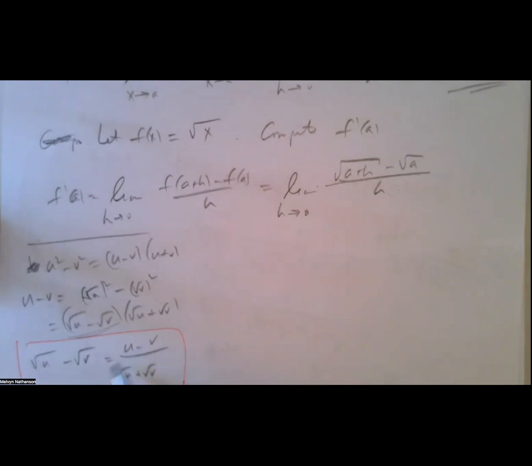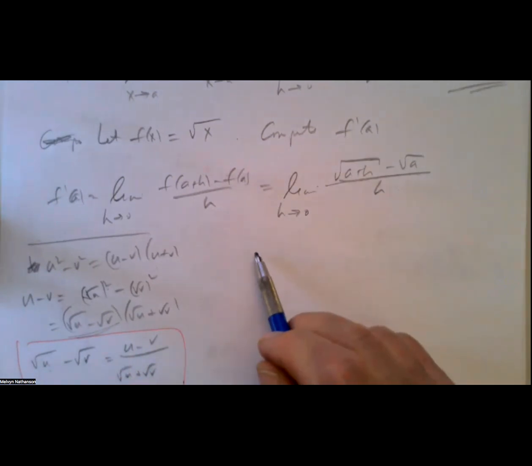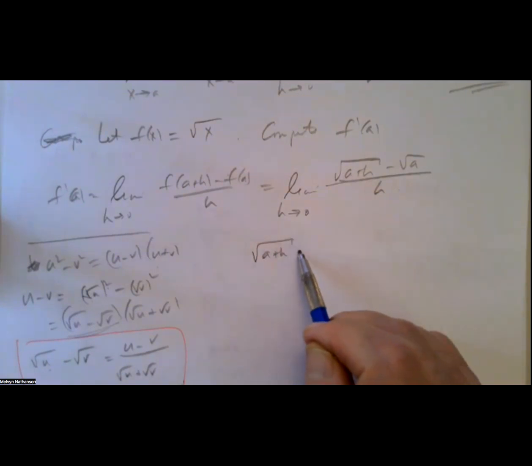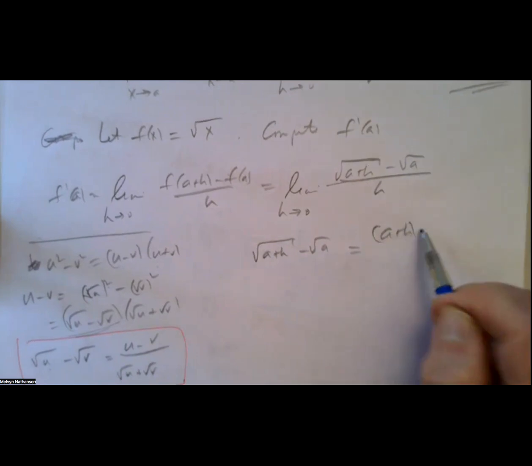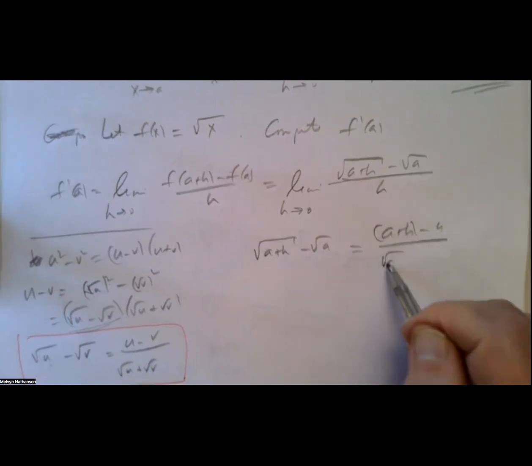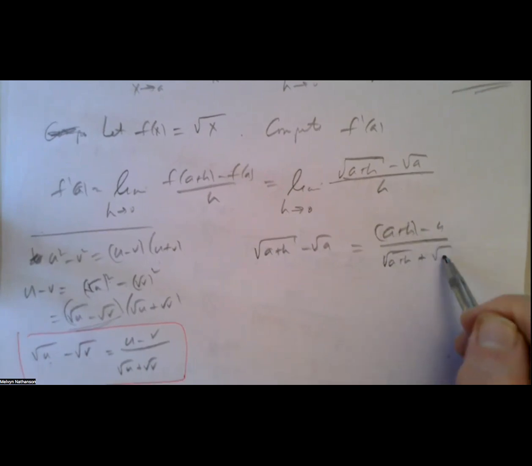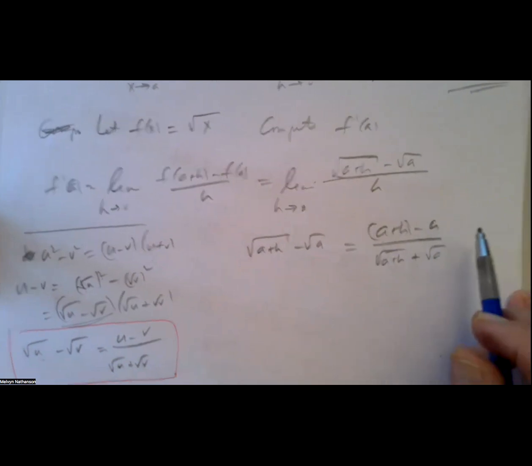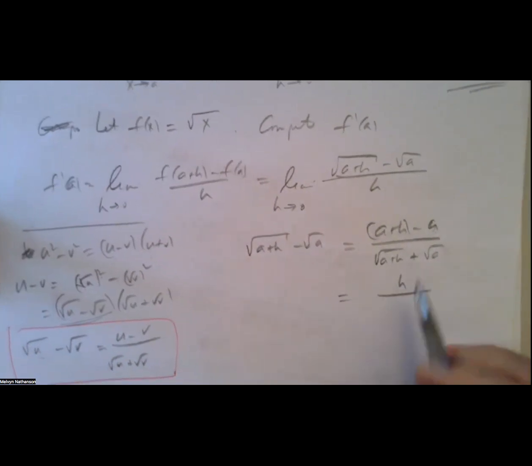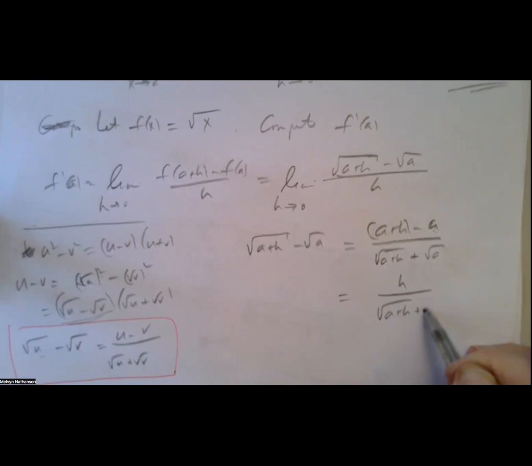So if I let u equal a plus h and v equal a, the square root of a plus h minus the square root of a is a plus h minus a over the square root of a plus h plus the square root of a. Right? I'm just using this formula with u equal to a plus h and v equal to a. And a plus h minus a is just h over the square root of a plus h plus the square root of a.